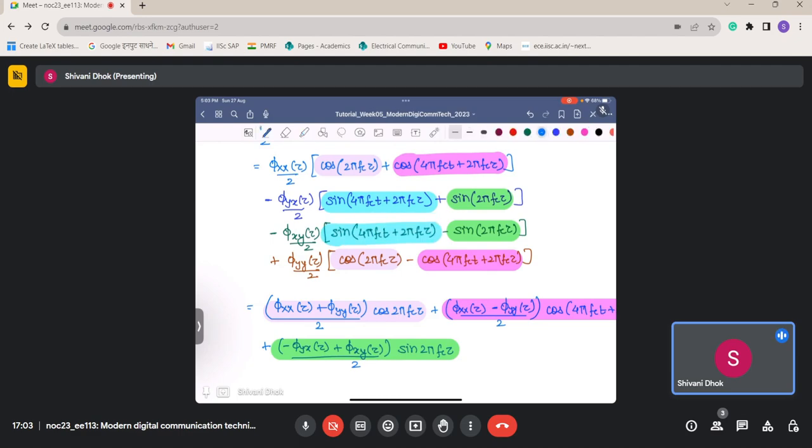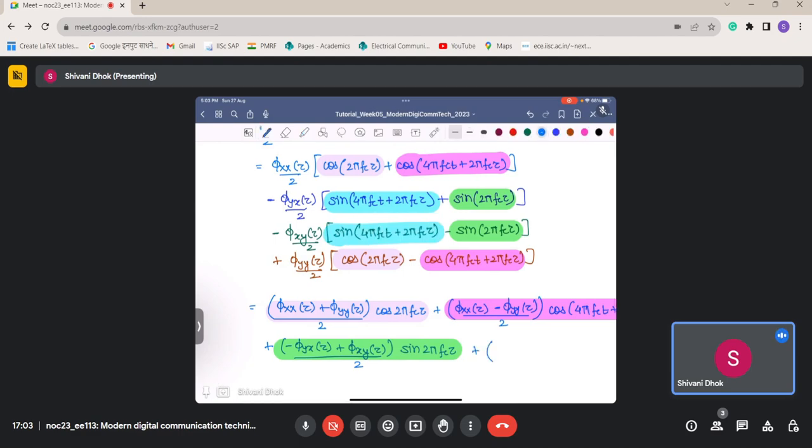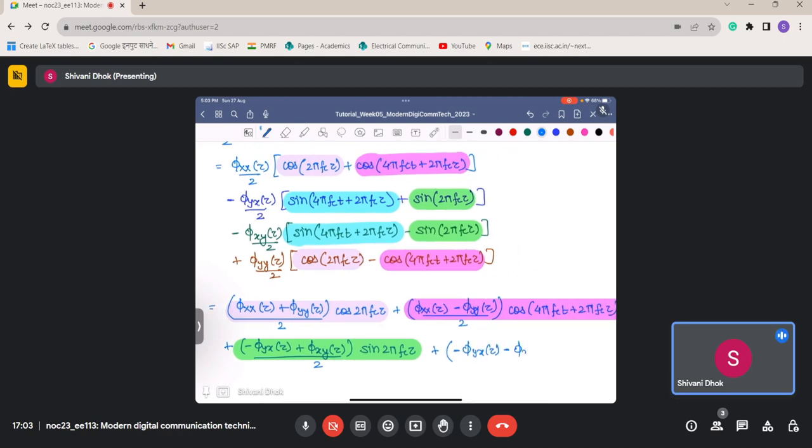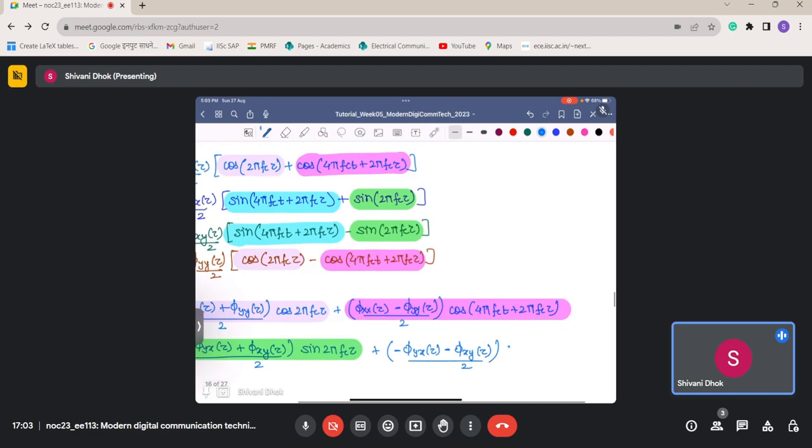What we have here is plus (minus phi yx tau minus phi xy of tau) divided by 2 multiplied by sin of (4 pi fc t plus 2 pi fc tau). So this is corresponding to these terms.